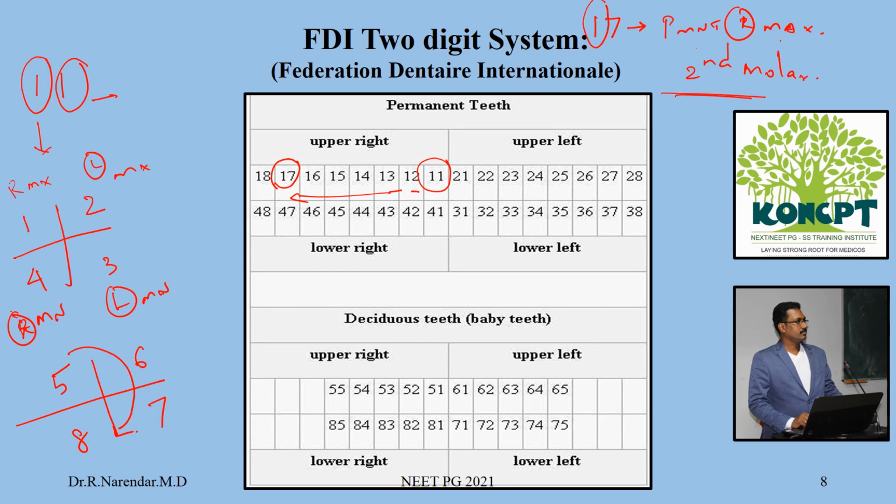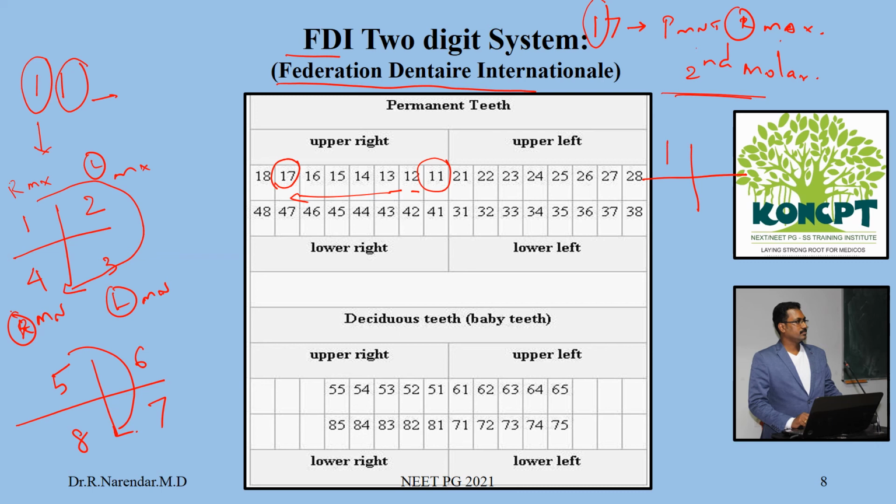This is FDI system, that is Federation Dentaire International. There is one more system called as modified FDI, that is nothing but a small change. For designation of the quadrant, you have formed clockwise direction in FDI system.